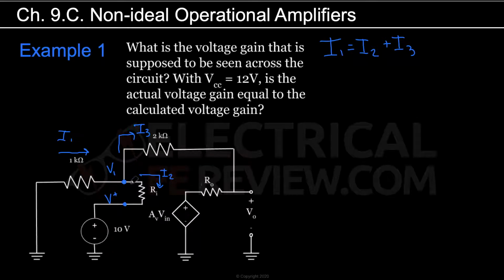So we can see that I2 is going to be equivalent, using KCL, the voltage across here is V1 minus V plus divided by the resistance, which is going to be 1 mega ohm, as we stated in a previous slide.